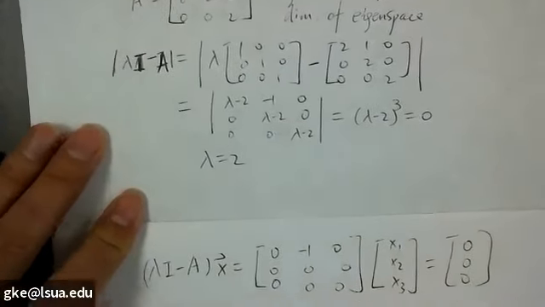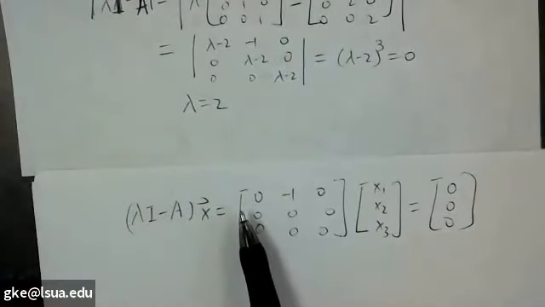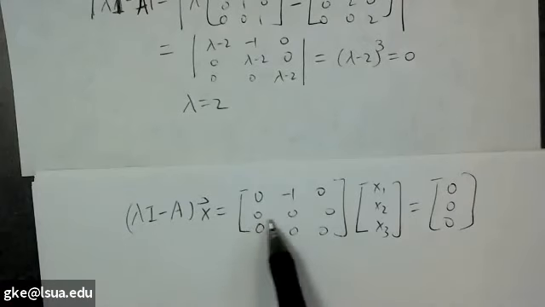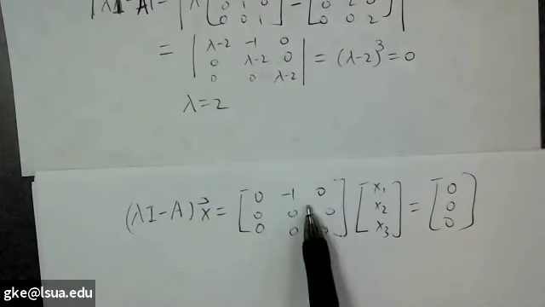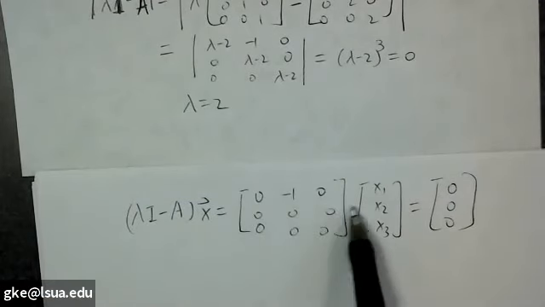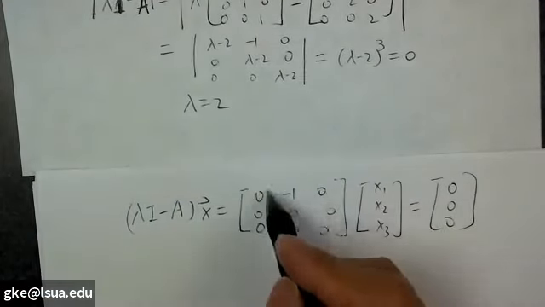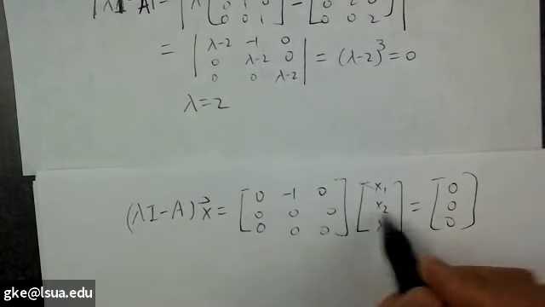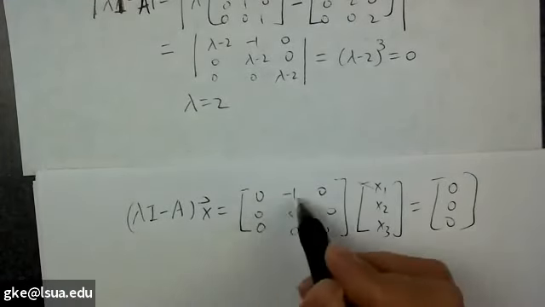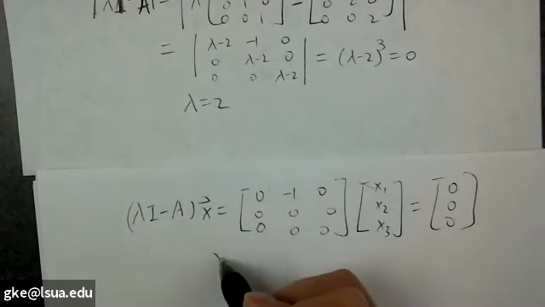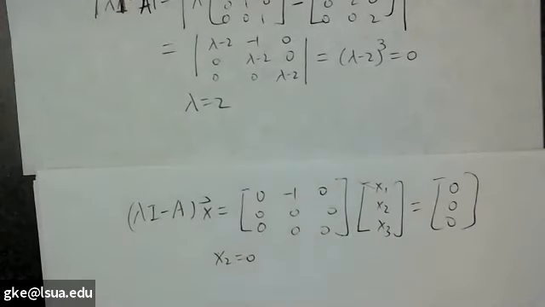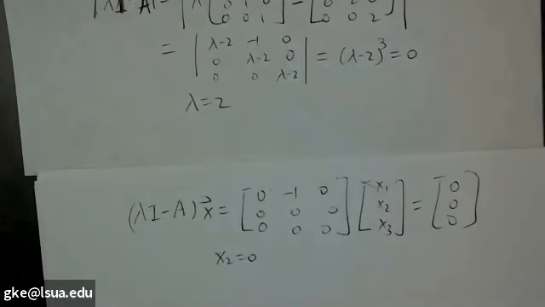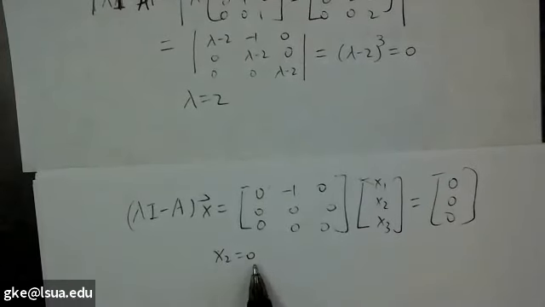Okay, I think this is a very special case because we found a bunch of 0s, and we don't need to use the Gauss-Jordan elimination, right? We just find the solution from -1 times x2. So we found x2 equals 0. Right? We only found that x2 equals 0.